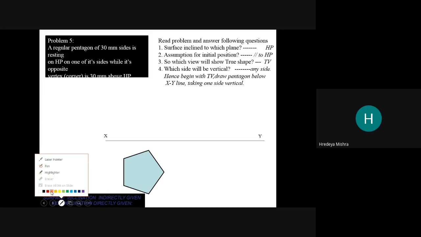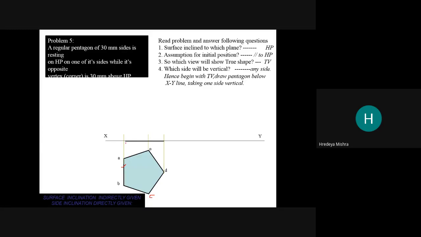Draw the pentagon below the XY line taking a side vertical. So this is the XY line. Now I draw a pentagon assuming that one line is vertical. Next we give the names A, B, C, D, E. This is C. So now we draw the projections.